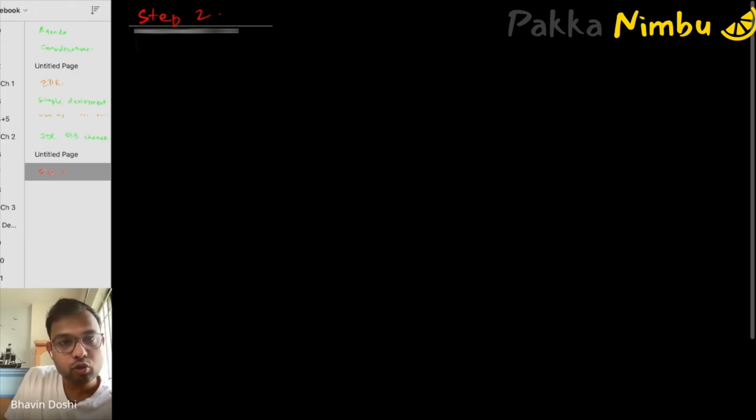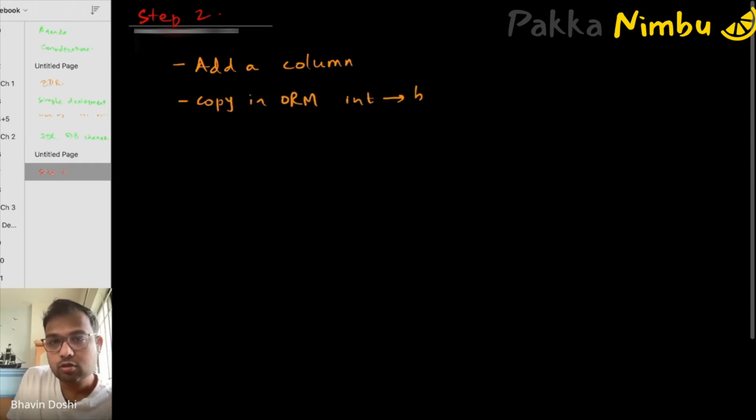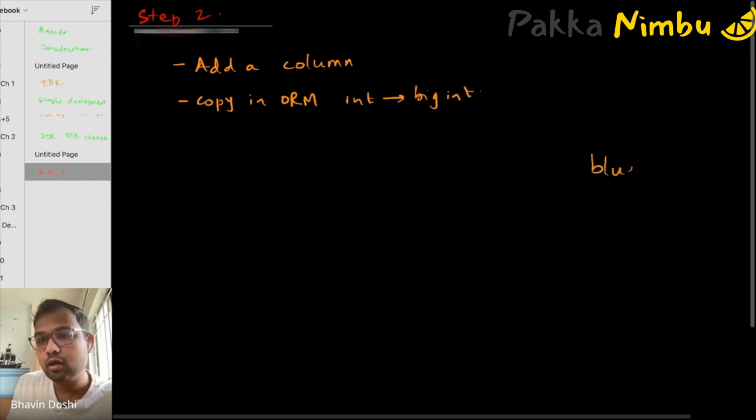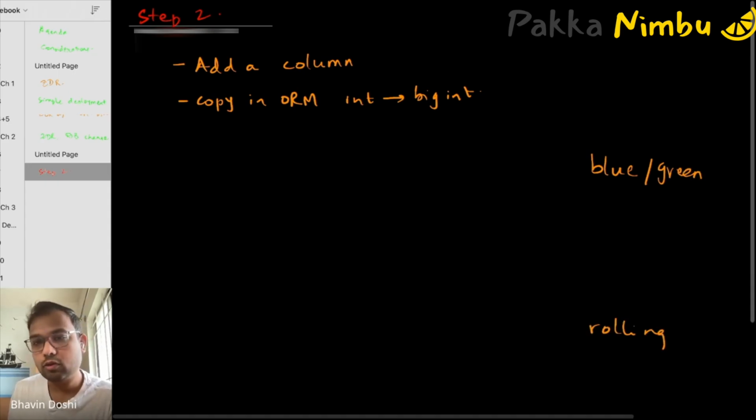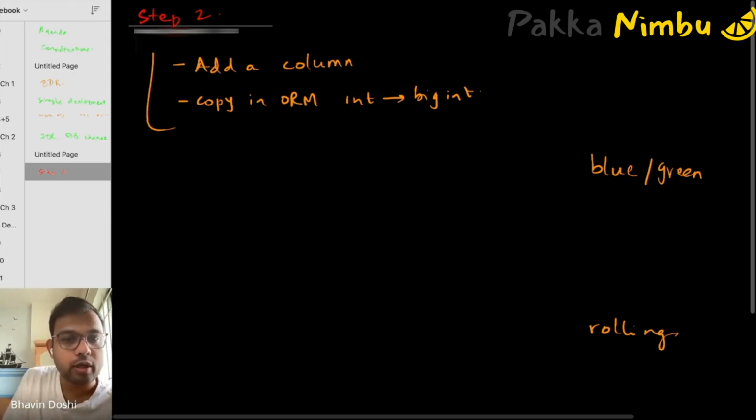If the 2 changes are add a column and copy in ORM into big int, right? इसको समझते हैं blue green में क्या होगा और इसको समझते हैं रोलिंग में क्या होगा. Right? This is one PR. Okay, just keep that in mind. This is one PR, and you are doing a blue green deployment.